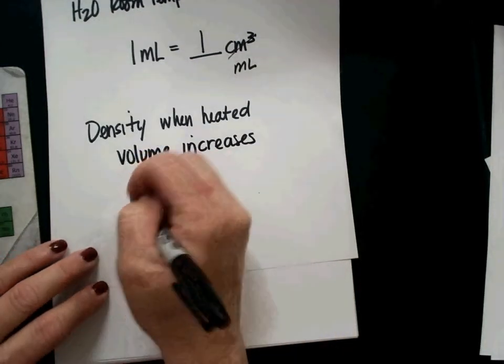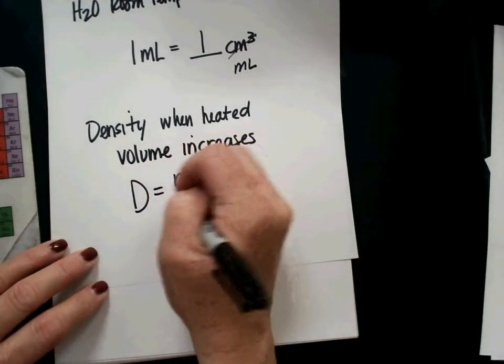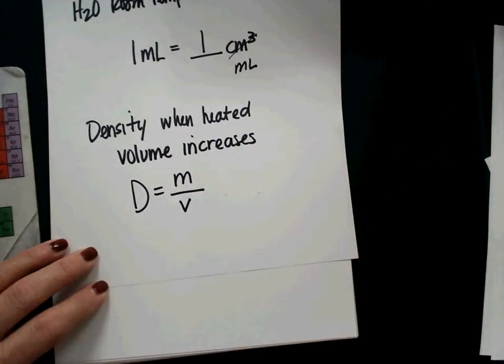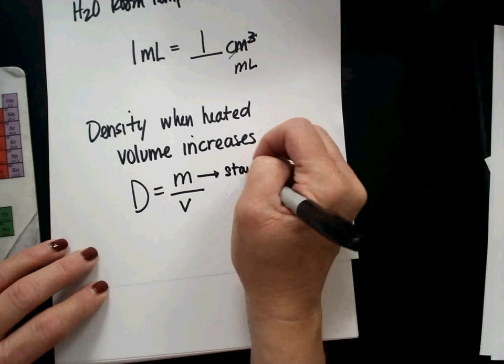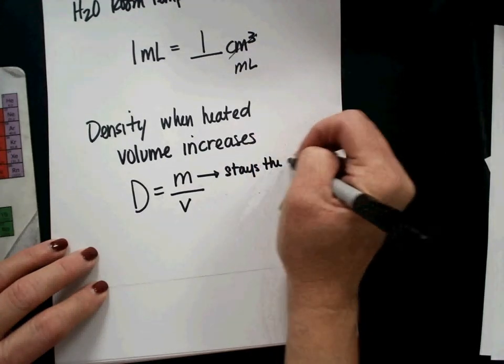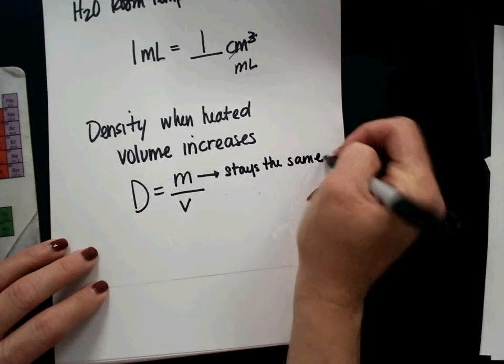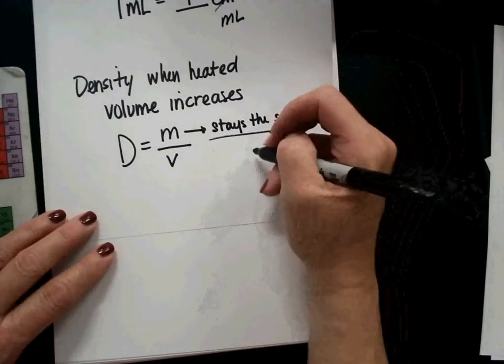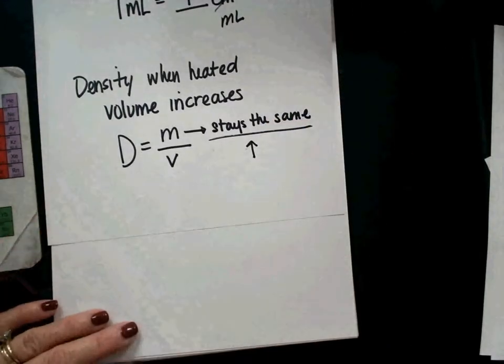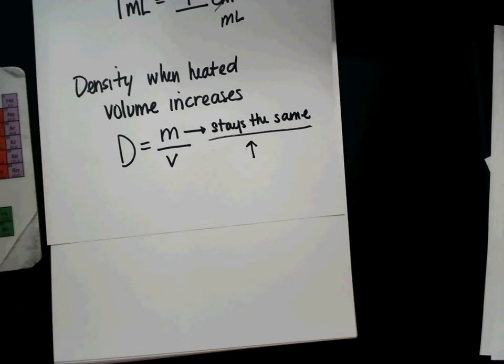If I have this formula, D equals M over V, and this number stays the same, and this number goes up, so now I'm dividing by a bigger number.